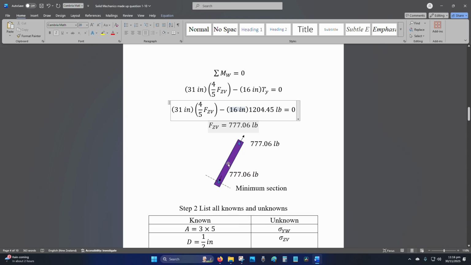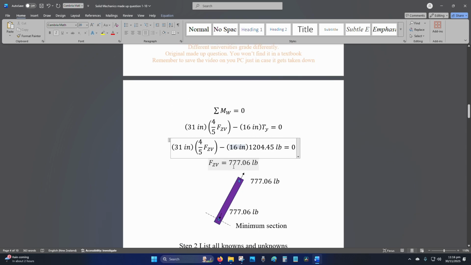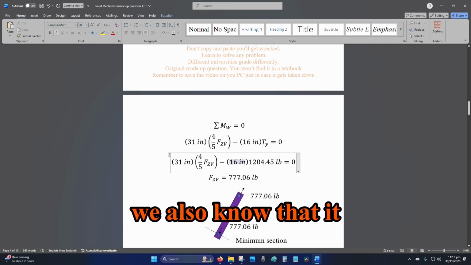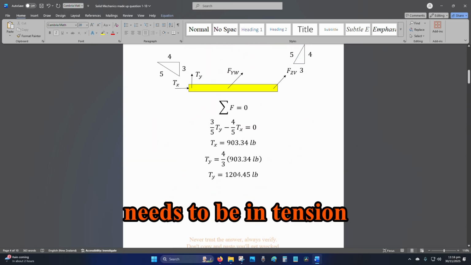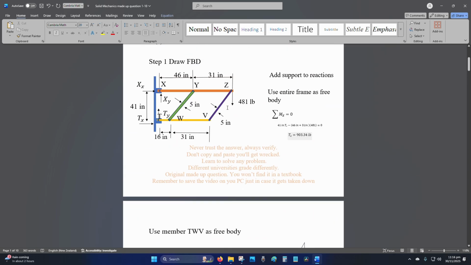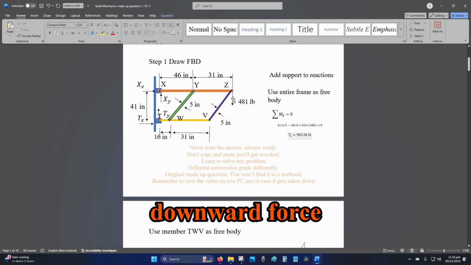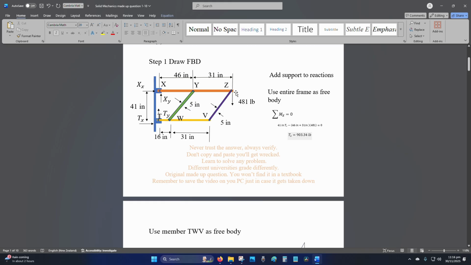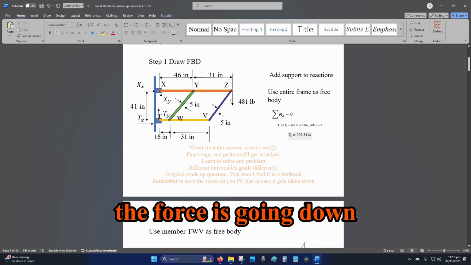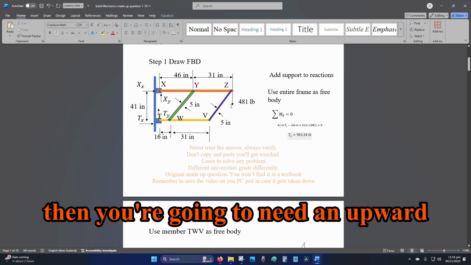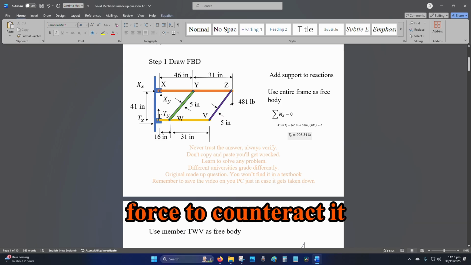Okay, so we know that the number is positive. We also know that it needs to be in tension to counteract the downward force from point Z. So if point Z, the force is going down, then you're going to need an upward force to counteract it.